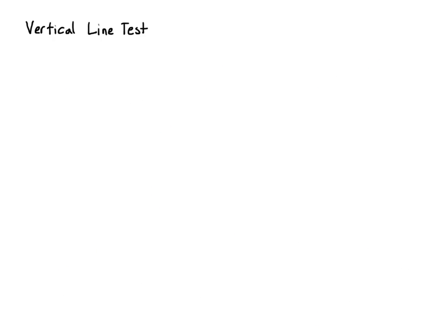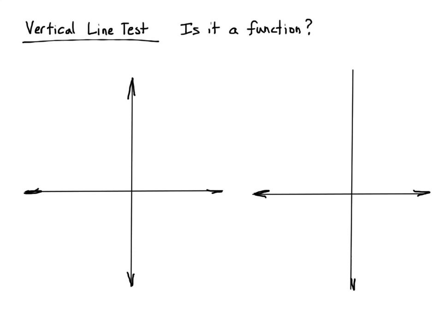All right, so let's talk about the vertical line test. Perhaps you know what the vertical line test is, but it is a test that answers the question, when you look at a graph, is this thing a function or not? It is basically a way to graphically determine whether the function only has one value for every value in its domain.